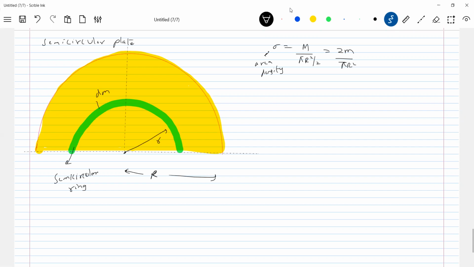The center of mass of this semicircular ring will be at 2r by pi. So I'll bring only the semicircular ring. What is the radius of this ring? We have chosen this to be equal to r.